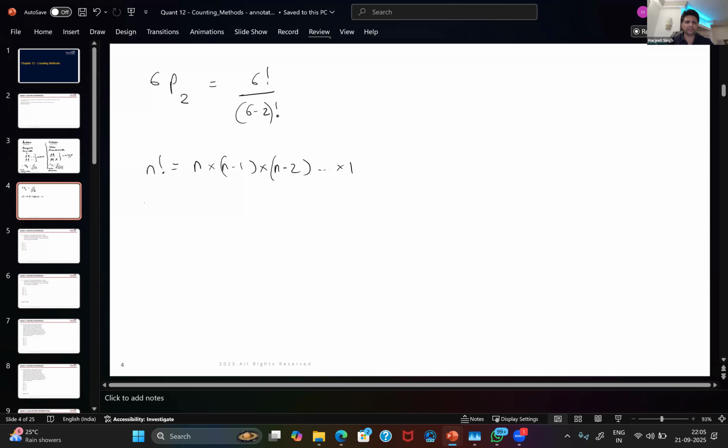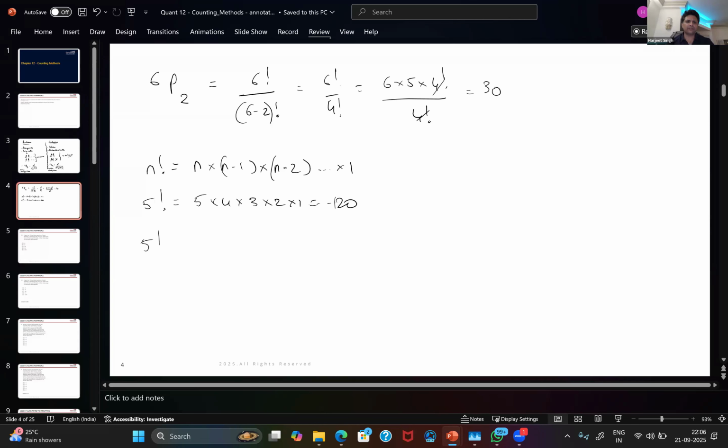So 5 factorial equals 5 into 4 into 3 into 2 into 1, which is 120. So 6P2 will be 6 factorial divided by 4 factorial, which is 6 into 5 into 4 factorial divided by 4 factorial. So the answer is 30.